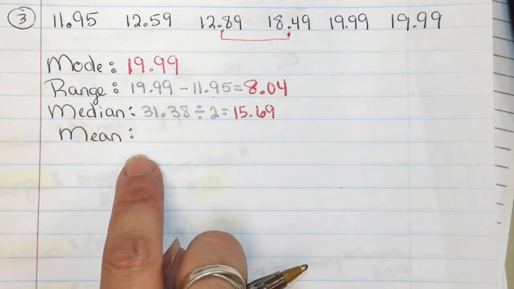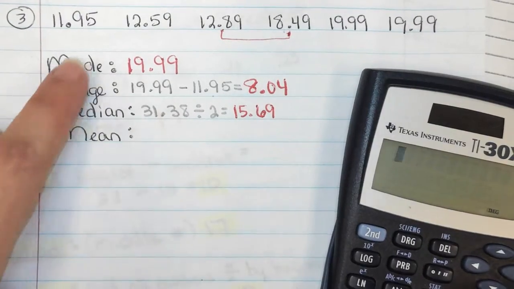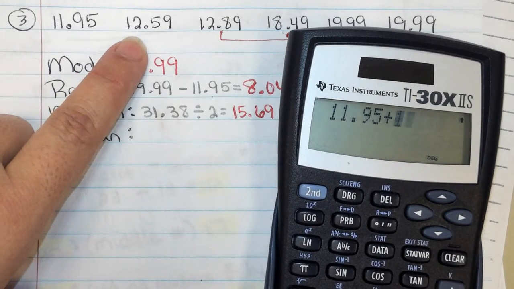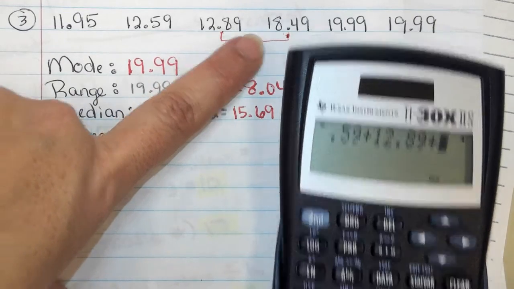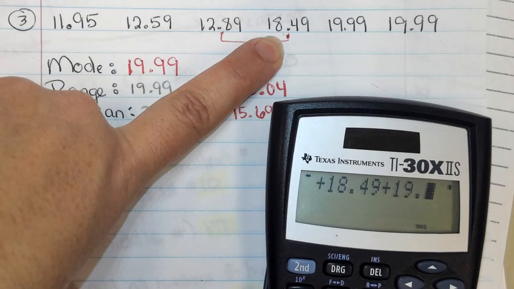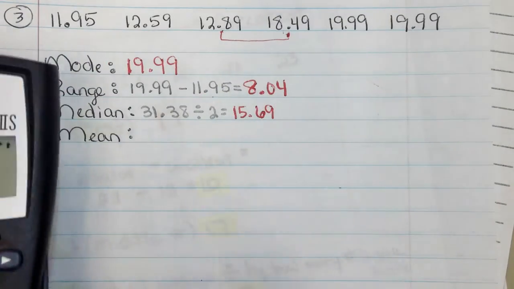And mean. Here we go. We got to add them all up. Whatever you get for your total, please write it down. So if you miss it tomorrow, I can figure out, is it your adding that you're doing wrong? Or is it your dividing? Is it you can't operate a calculator? Okay.